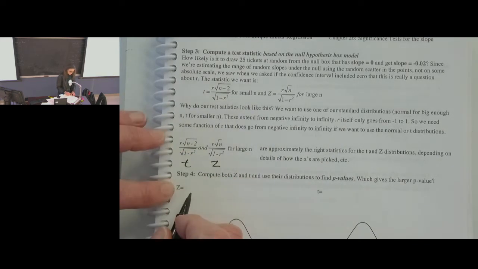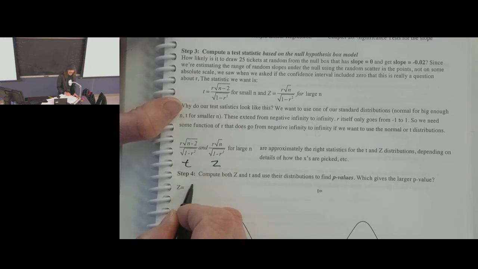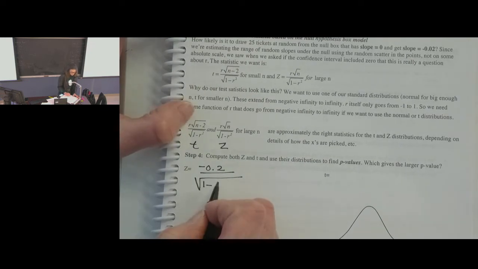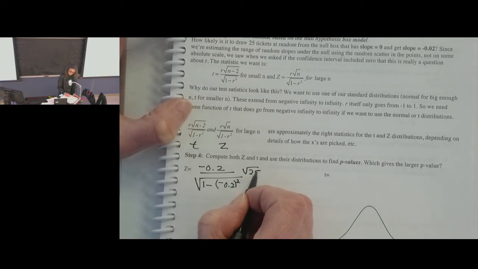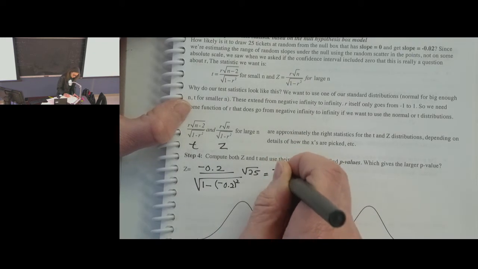So z is going to be r, our sample slope, which is negative 0.2 over the square root of 1 minus negative 0.2 squared, times the square root of 25. I did that, and I got negative 1.02.